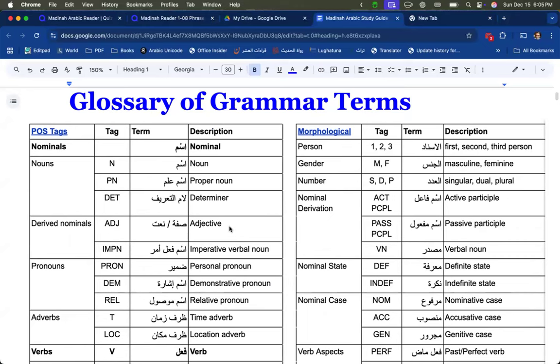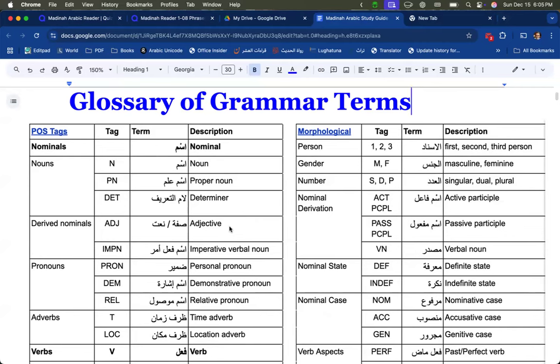Language is made up of rules, right? And those rules are made up of components. Like a sentence, for example, is made up of different parts of speech. What are they called? Parts of speech.